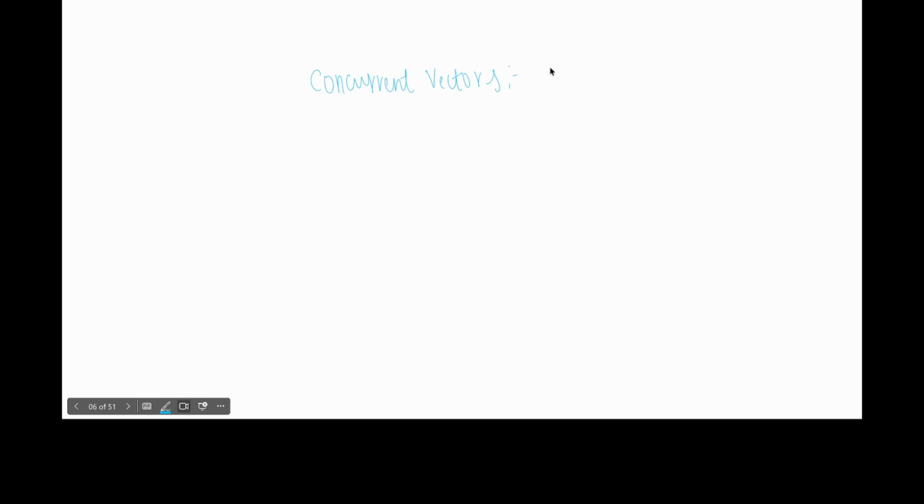We can define that as: all those vectors which have a common point are called concurrent vectors.